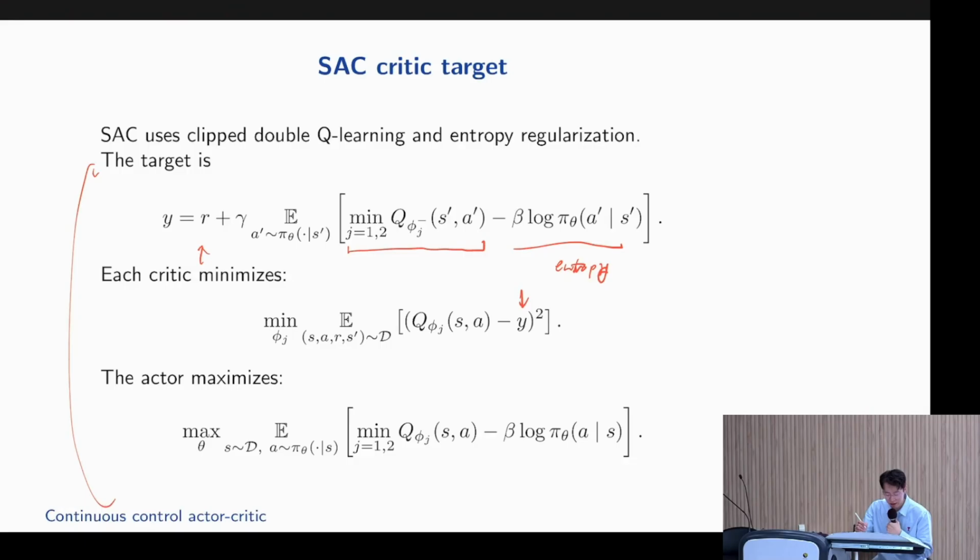And how do you maximize the actor? Like I said, you sample an action from the actor, insert it into the target Q, and you want to do gradient ascent. So whatever action is recommended by the policy has as high a Q value as possible. Because during inference time, we don't want to solve this maximization problem over the policy.